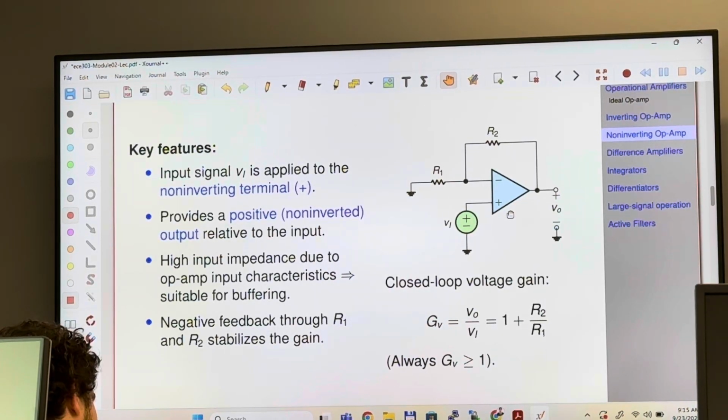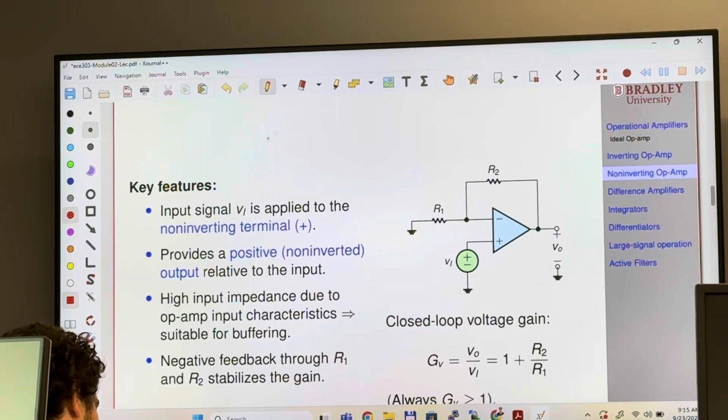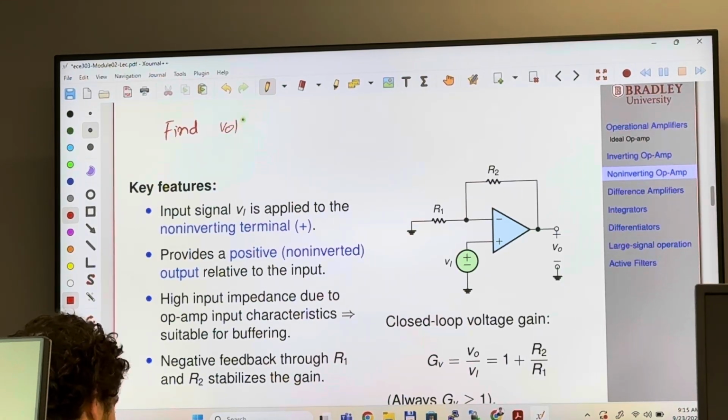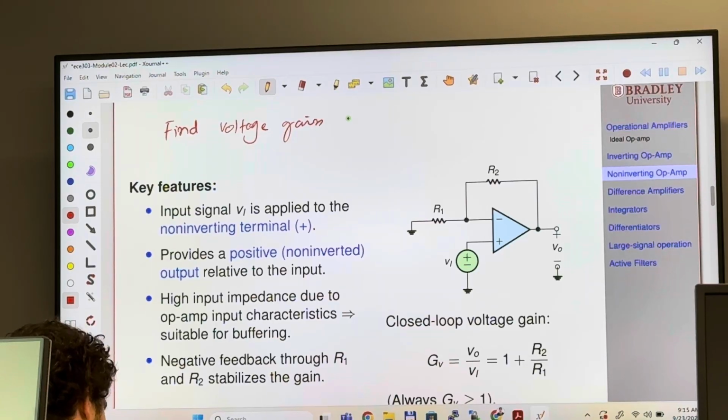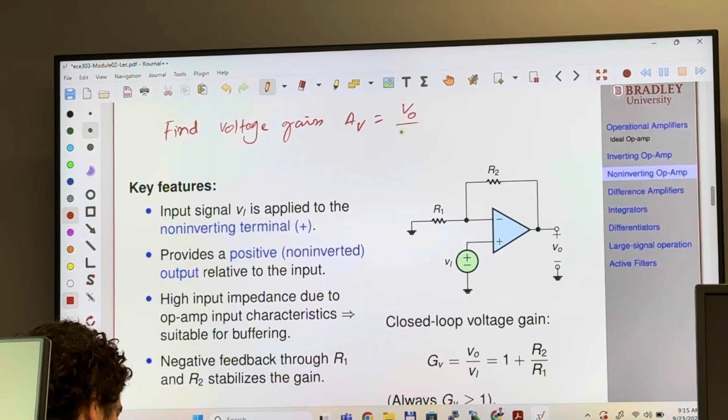The main purpose here: we have the input signal, input voltage Vi, and we have the output voltage. The main purpose here is to find the voltage gain AV, which by definition is the output voltage over the input voltage, equals what?